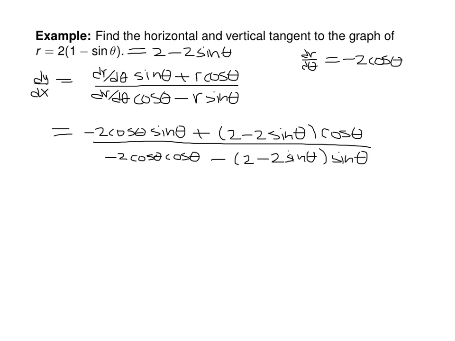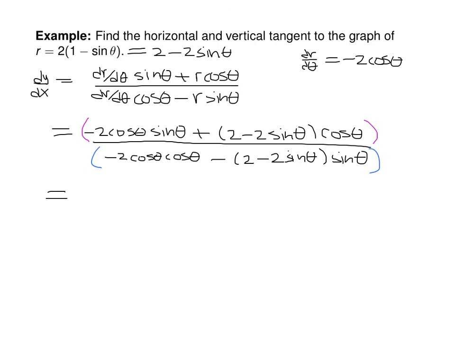And don't go making up cancellation rules. You cannot cancel those 2 minus 2 sine thetas or anything else. You have to simplify the numerator and denominator separately. That's actually the order of operations. That fraction bar acts like a parenthesis holder.